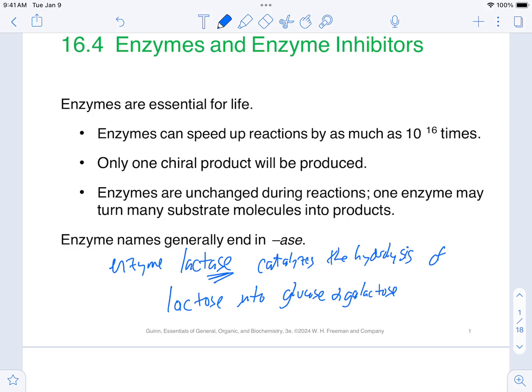So if you're lactose intolerant, your lactase enzyme is not functioning properly, or you just don't have it at all.